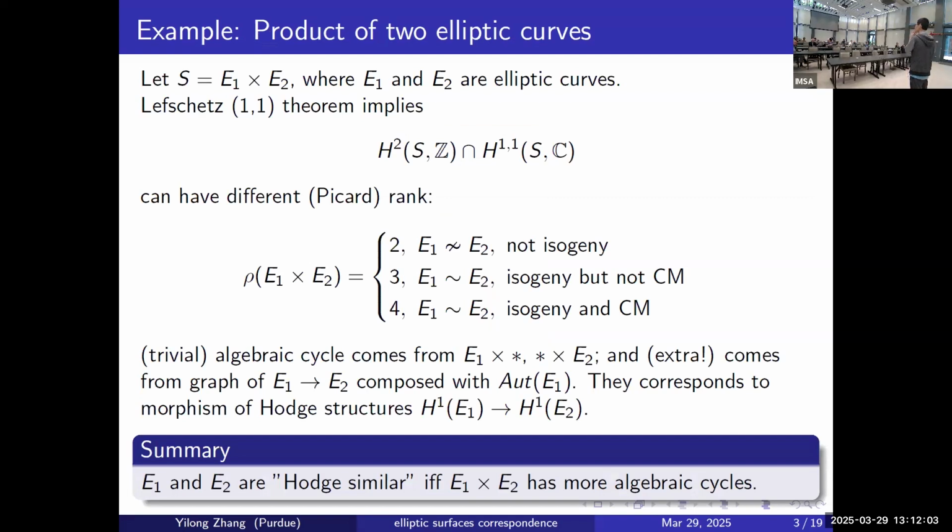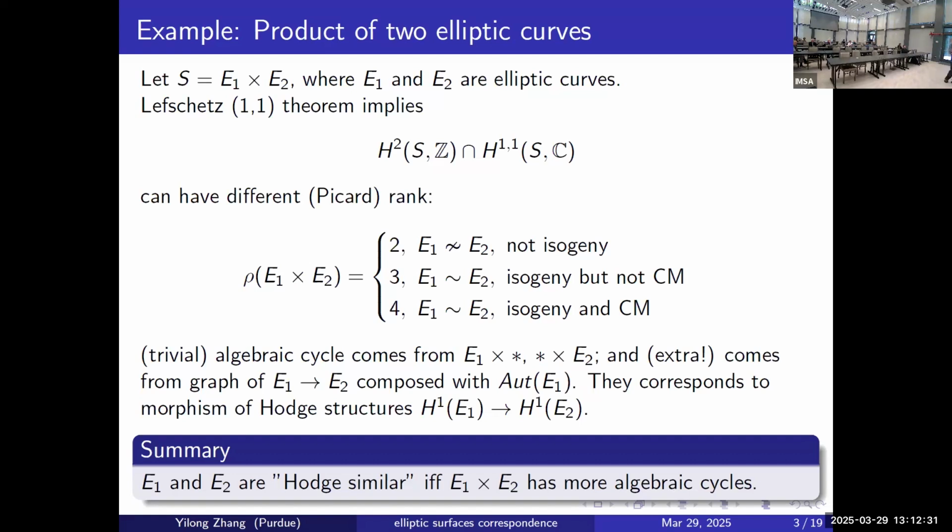Let's see what it says on the product of two elliptic curves. Topologically, the product of two elliptic curves is just a product of four circles.